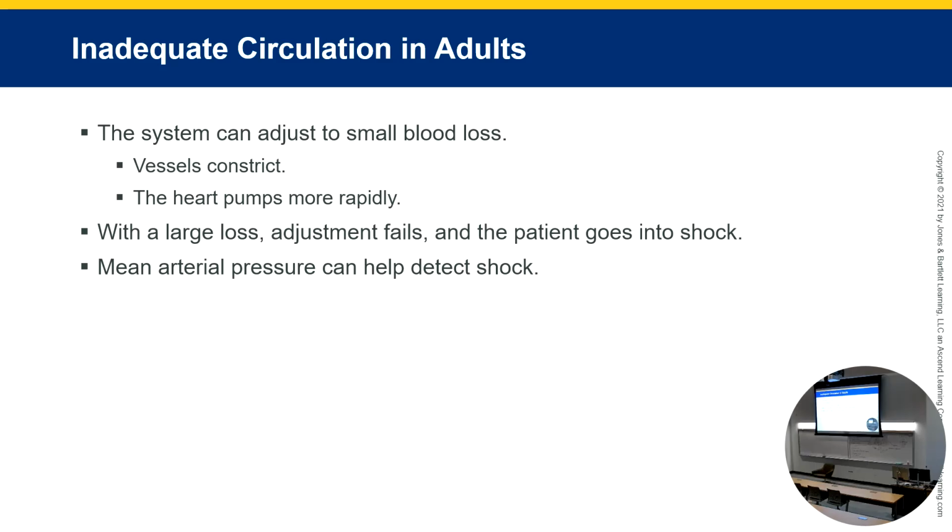Mean arterial pressure can help detect shock. So that, again, is more you're looking at the systolic, diastolic numbers and seeing if there's a downward trend or more so an upward trend, depends how you look at it, but widening pulse pressures. It's just basically saying that blood pressure is starting to drop, so to speak. And we'll cover that again, more in that shock chapter.